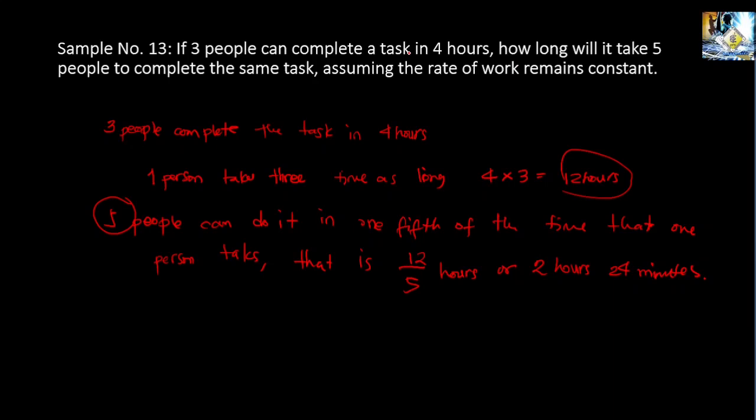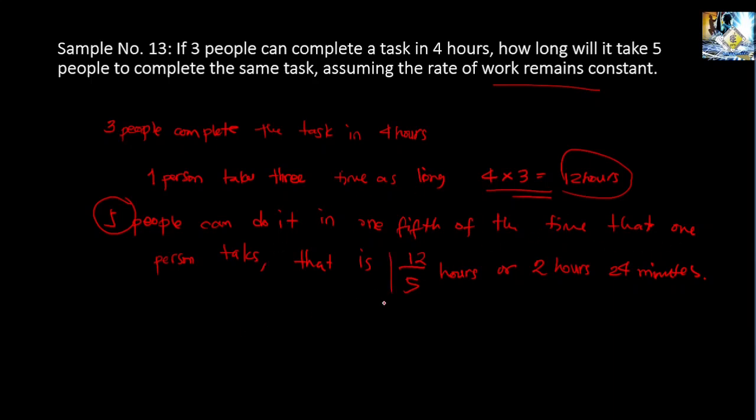If 3 people can complete a task in 4 hours, how long will it take 5 people to complete the same task, assuming the rate of work remains constant? There are 3 people in 4 hours, so one person takes 12 hours. Then 5 people can do it in 1/5 of the time that one person takes.